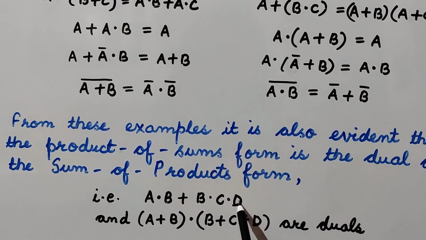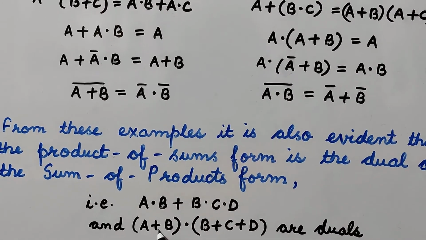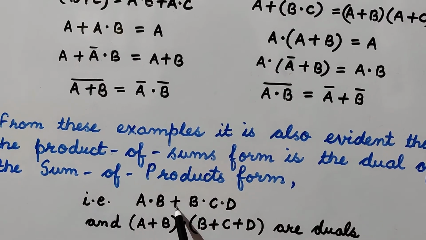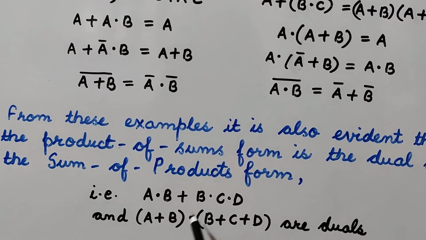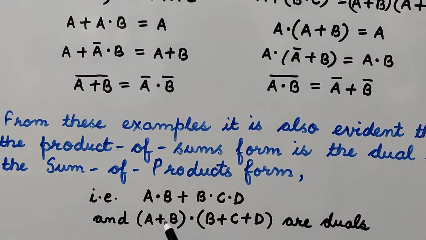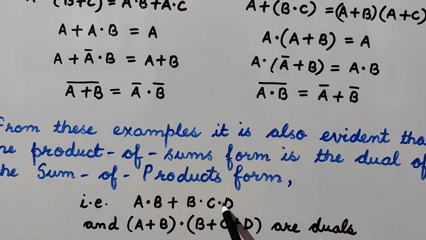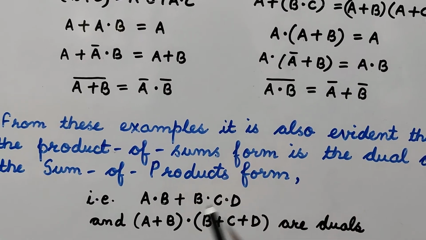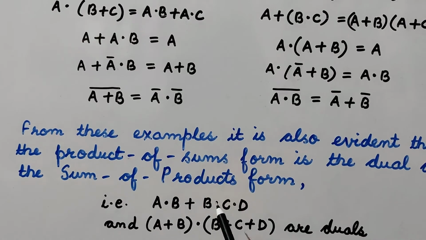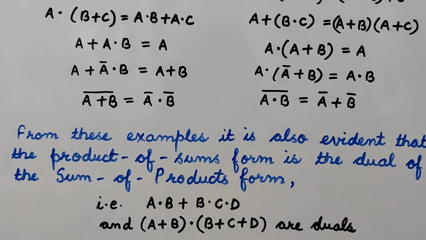And the dual of this expression will be obtained by interchanging this AND with an OR, that is dot with a plus symbol, and all the OR by AND symbol. So this relation which is obtained by interchanging the AND by OR and OR by AND is called the dual of this relation. So this is the sum of products form and this is the product of sums form. So we can say that the product of sums form is the dual of the sum of products form.